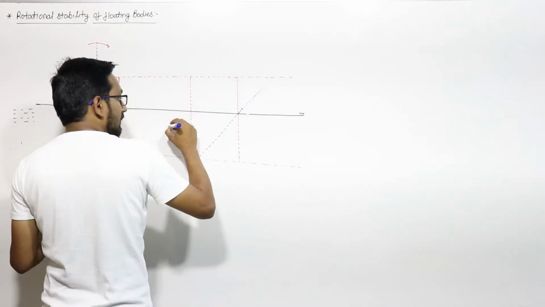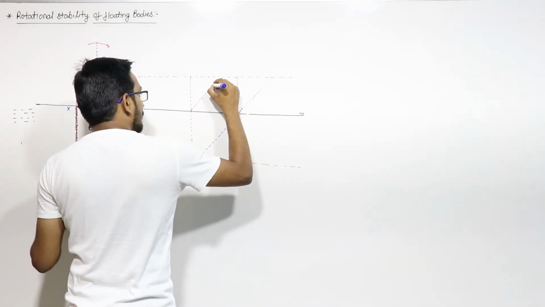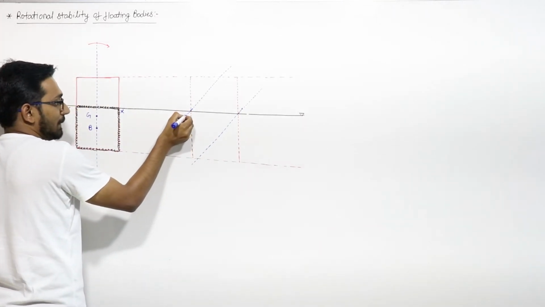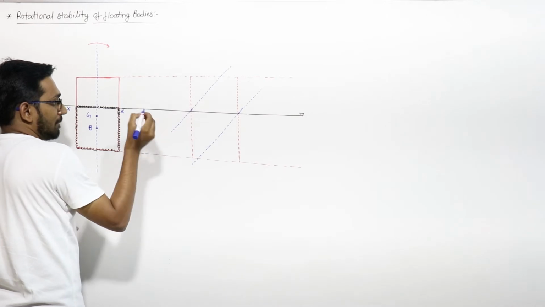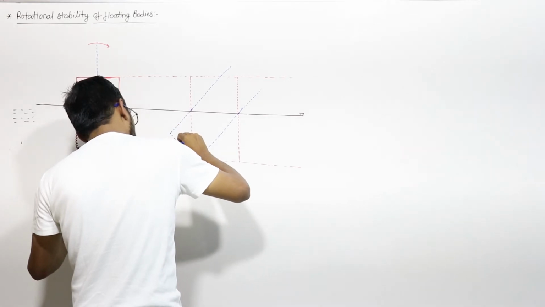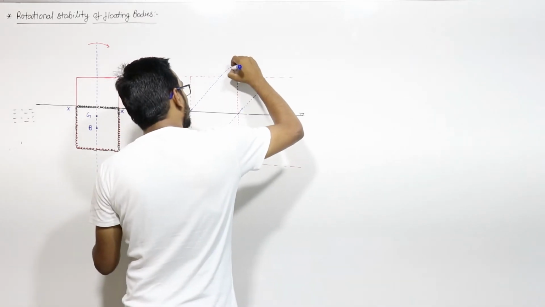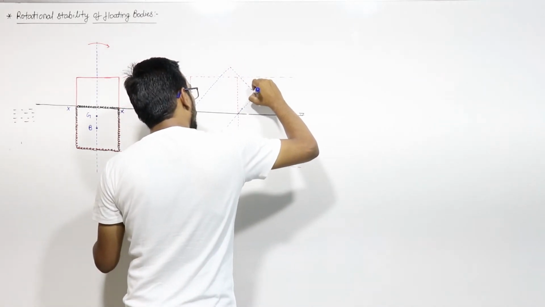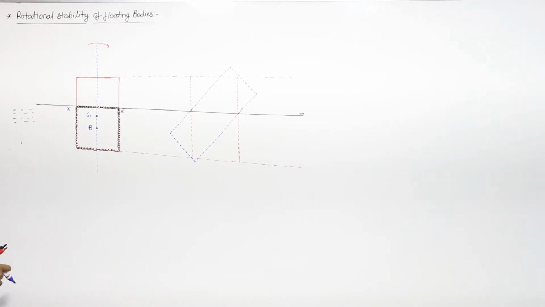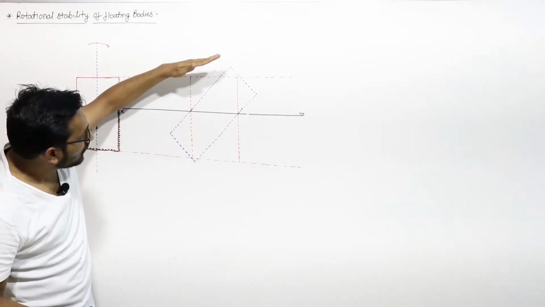Here we have more height above and less height here, right? And you join them, so I tilt this body like this, that this length will come inside the body and this length will go outside the body.